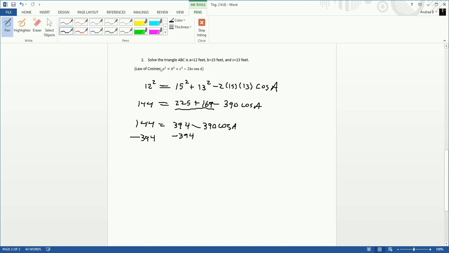Then you should have negative 250 is equal to negative 390 cosine of A. Just like whenever you're solving for variables before, we divide by the part in front of our variable, so divide by the negative 390 to get the cosine part by itself.